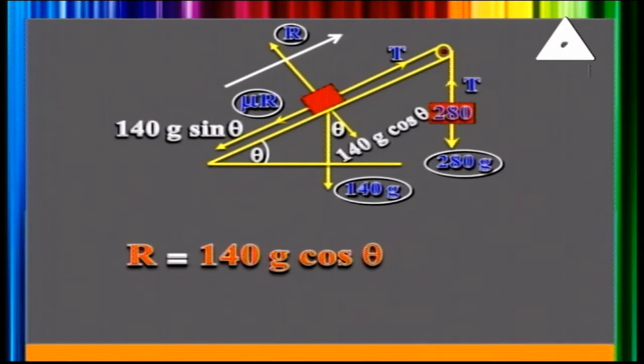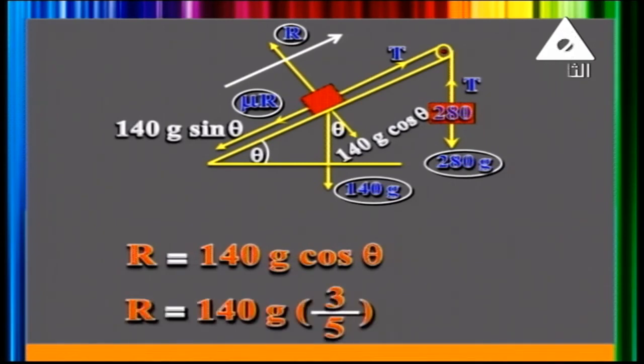We have mg, we resolve mg to two forces. The first force vertically 140g cosine theta, second force downward 140g sine theta. From equation, R equals 140g cosine theta.